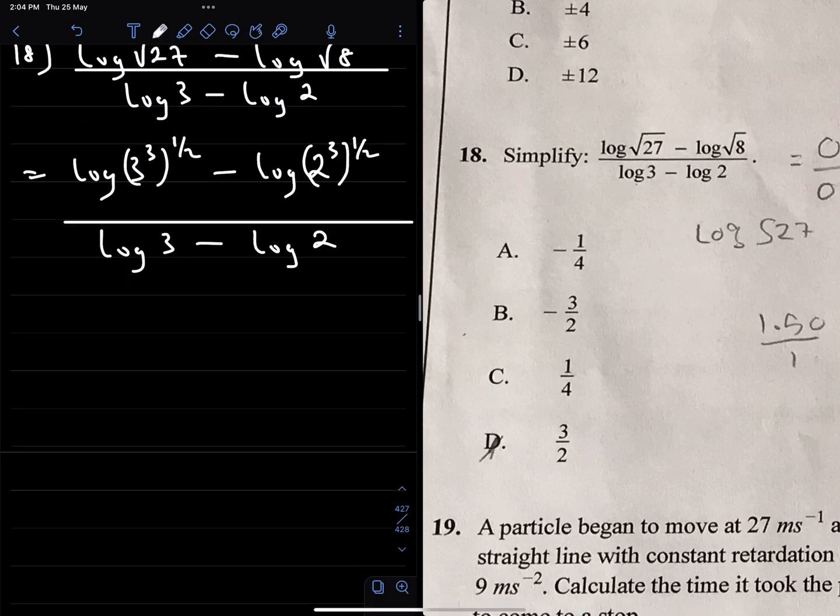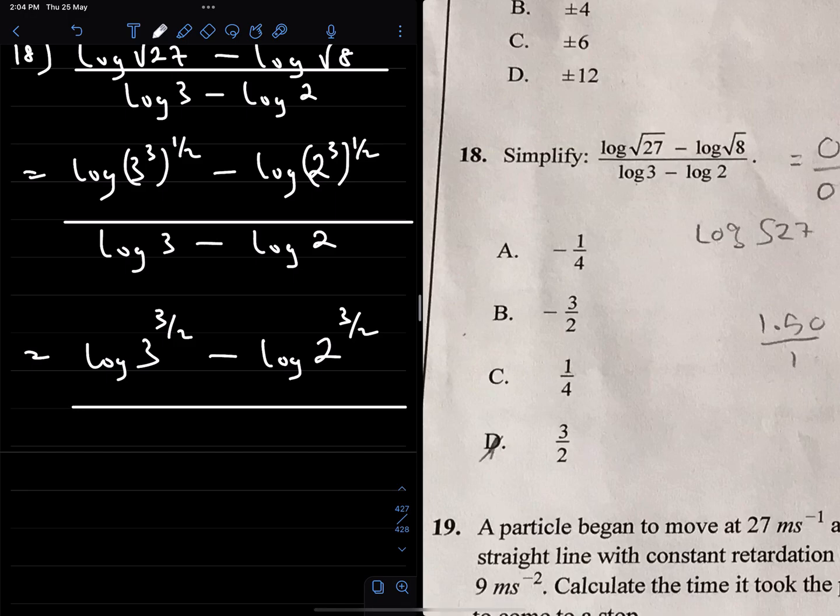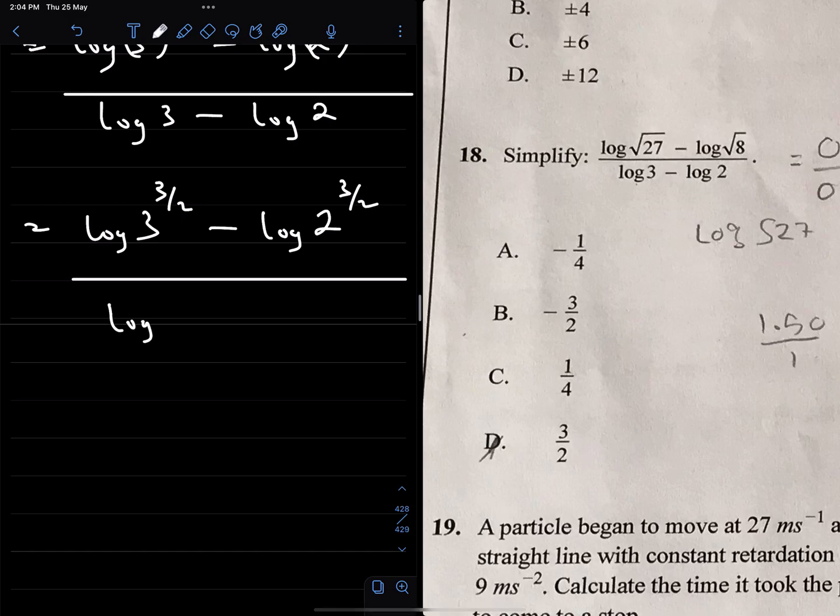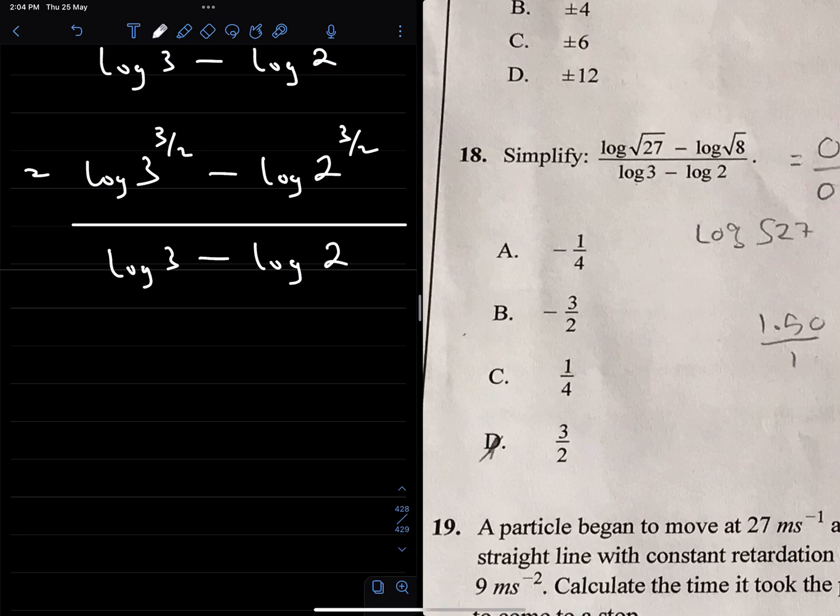And now the numerator is the same as log 3 raised to power 3 over 2 minus log 2 raised to power 3 over 2, divided by log 3 minus log 2, and that simply means 3 over 2 log 3 minus 3 over 2 log 2.